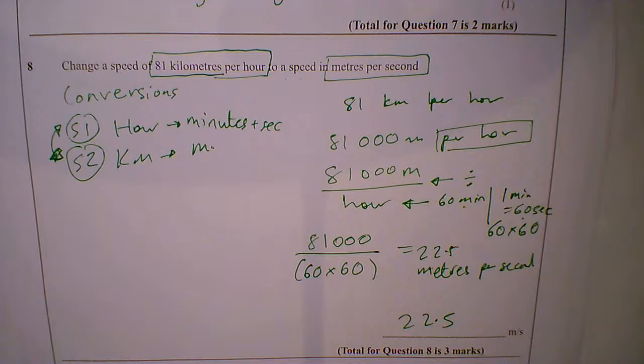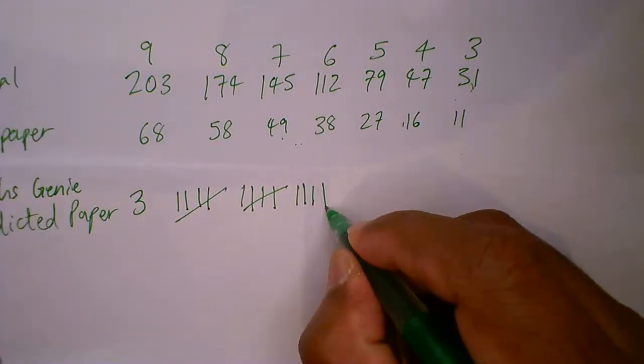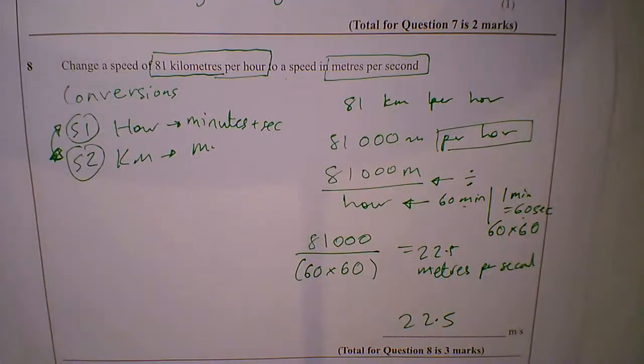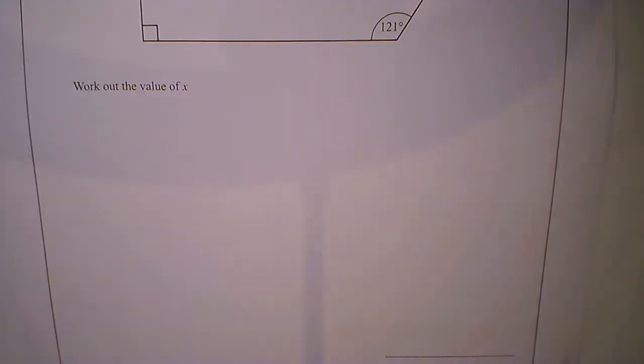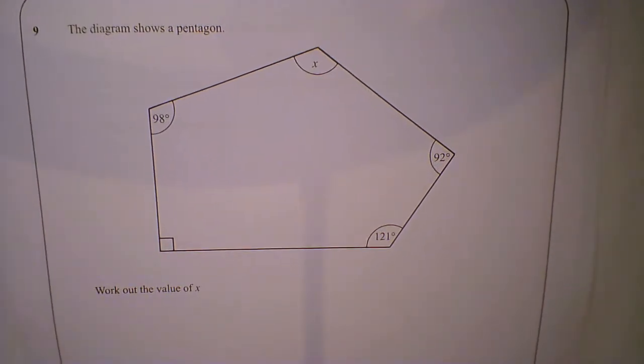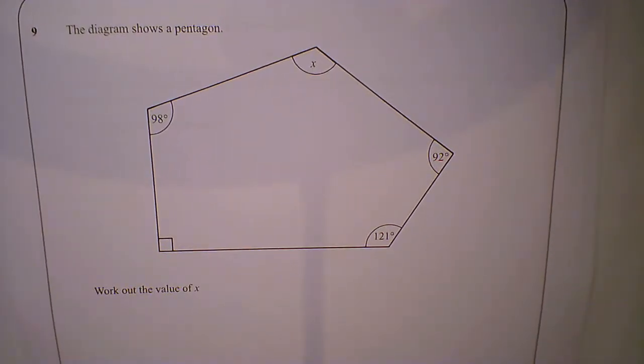Let's add that to our tally. 1, 2, 3, 5, 10, 15 marks banked. Let's look at the next question. Question number 9 is worth 3 marks. Off you go.